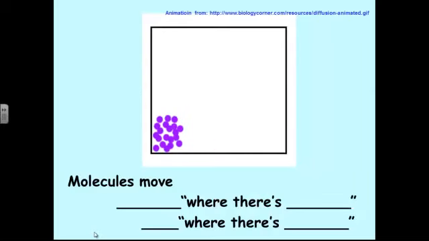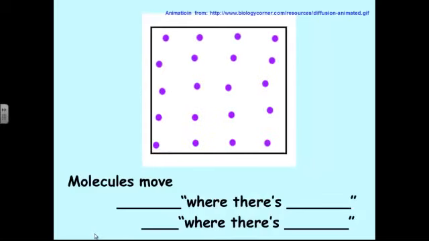Individual molecules are vibrating, they're moving, they bump into each other, and they are always going to move if you place them in a situation where you have a high concentration in one place and a low concentration nearby. They're always going to move from where there's a lot, from a high concentration, to where there's not very many, areas of low concentration.